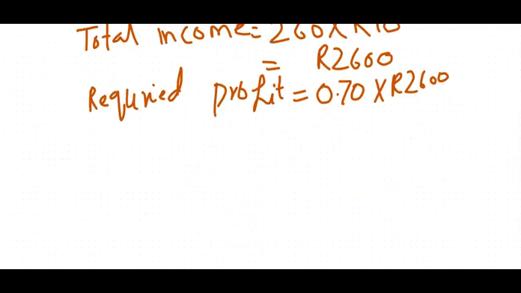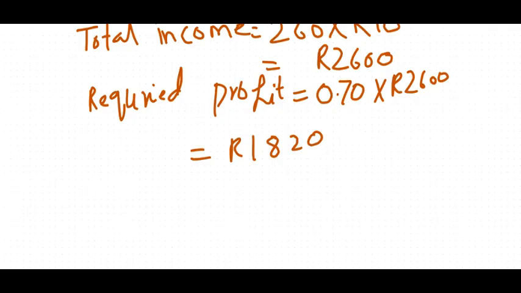So we get the required profit as R1820. The owner's total income is R2600 and the required profit is 70% multiplied with this. So the required profit is R1820.